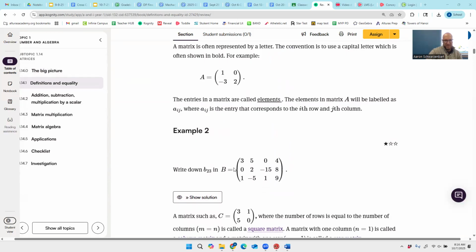Next thing, B2,3: row 2, column 3 is -15. This notation works really well if you don't have matrices with double-digit rows and columns. You'll probably never get one on a test that does. So unless you're doing Jackson's IA, you're probably fine.